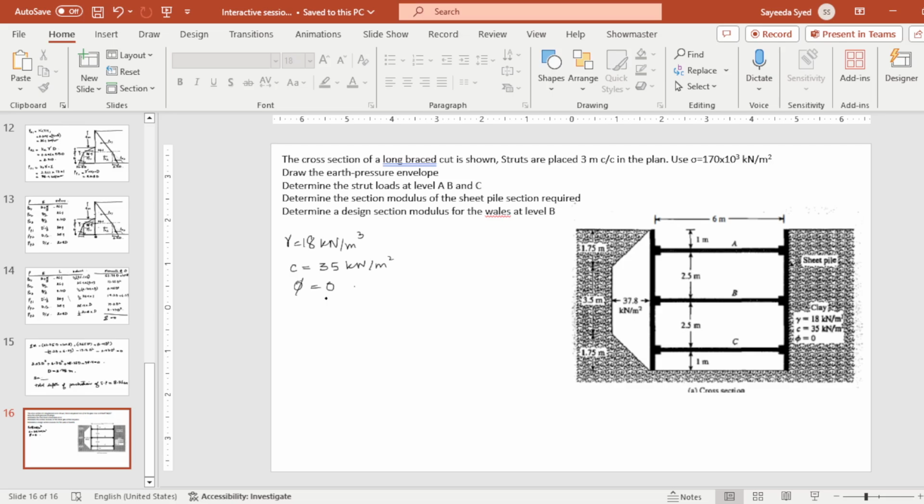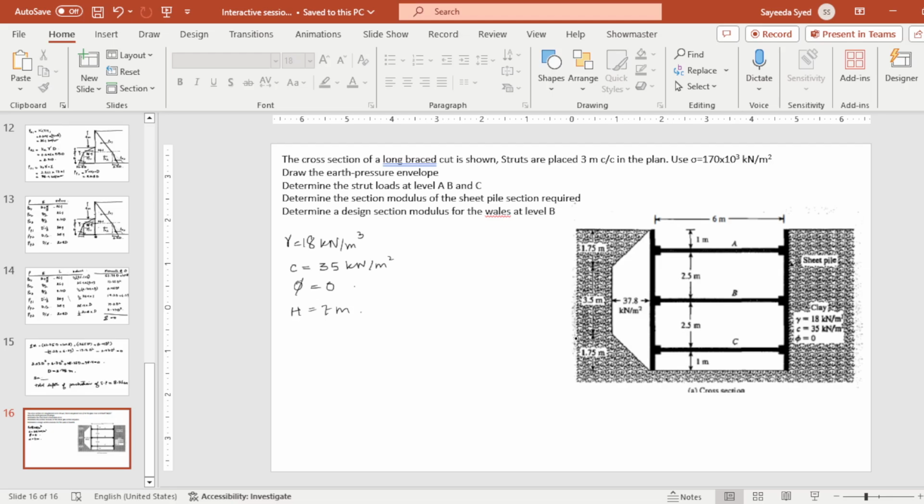It is a cohesive soil, and H is 1.75 plus 3.5, 1.75, 0.75, 0.75, which is 7 meter. Yes, 7 meter.